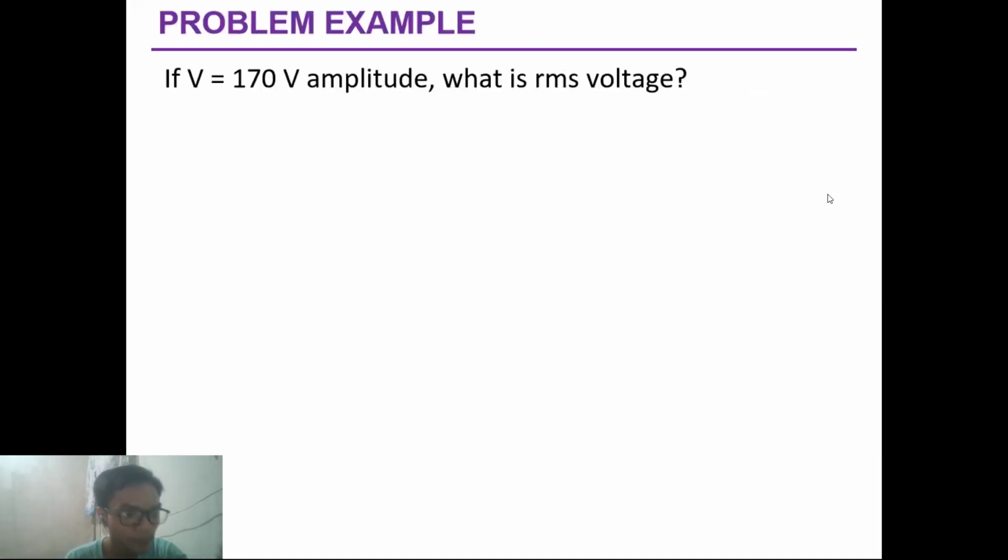So we have here a simple problem example. If V is equal to 170 volts amplitude, what is the RMS voltage? So we are going to find the RMS voltage. And how can we solve for it? We have here the formula V RMS is equal to V over square root of 2.